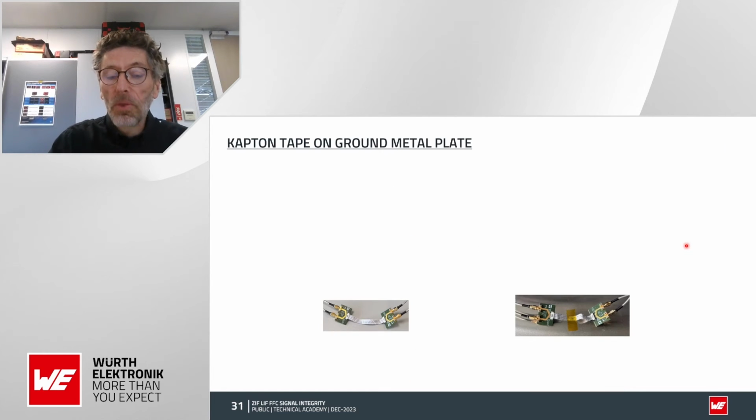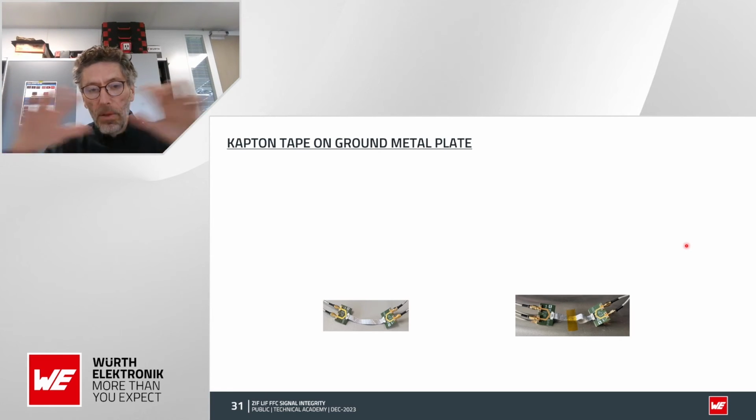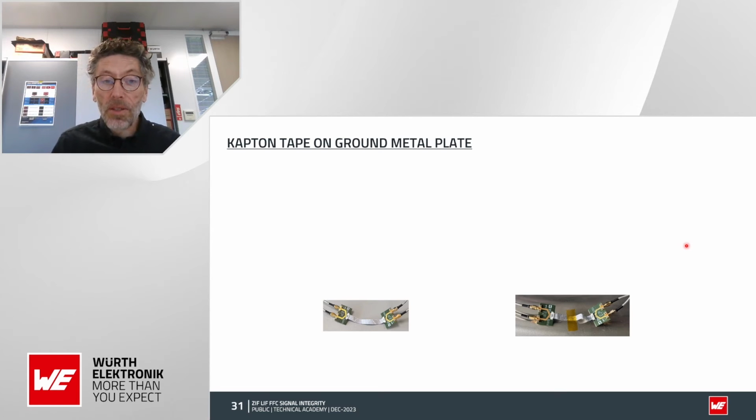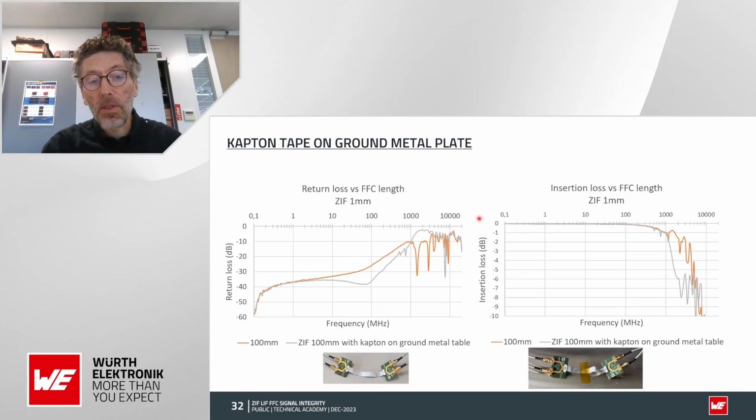But if you do it on a metal plate, like a cabinet, a metal box that is linked to the ground, does it have an influence? Of course, yes. You really have a big impedance mismatch here. And the influence on the return and insertion loss is the same above 1 gigahertz, comparable to the scissors.